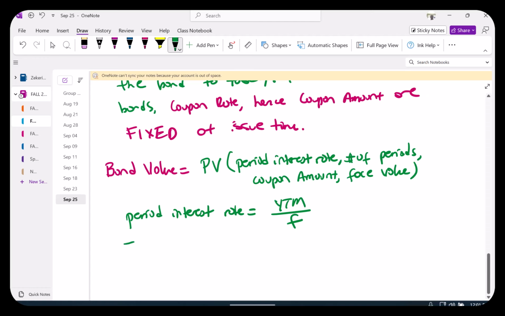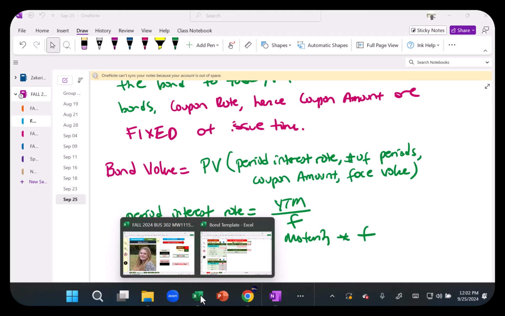Number of periods is years to maturity times F. So if I have a 30-year semi-annual bond, F is 2, years to maturity is 30. That means there are 60 coupons. If it's a quarterly 10-year bond, 40 coupons. All I have to do is implement that formula, which is not terribly complicated.